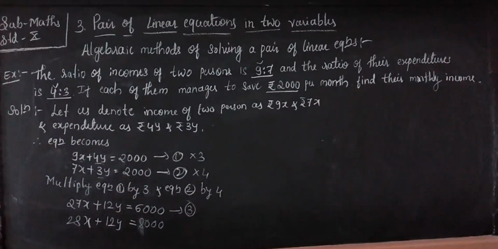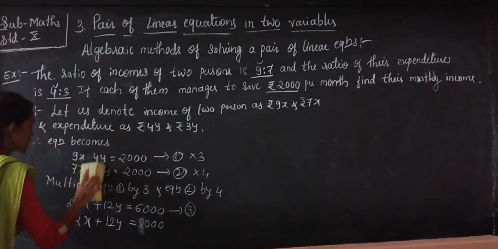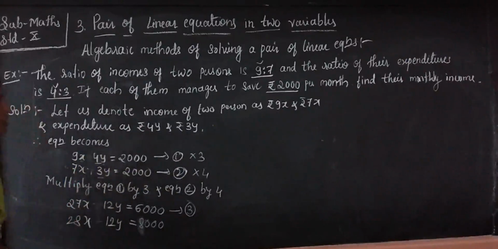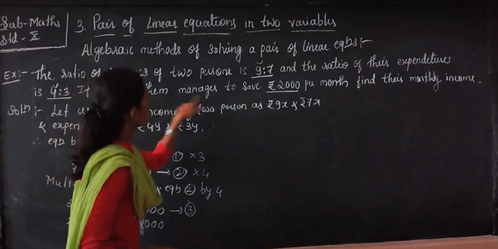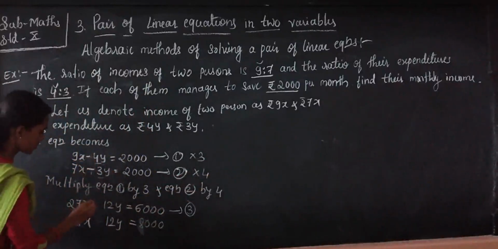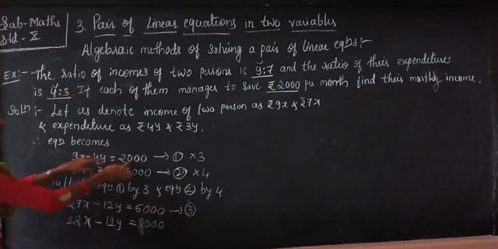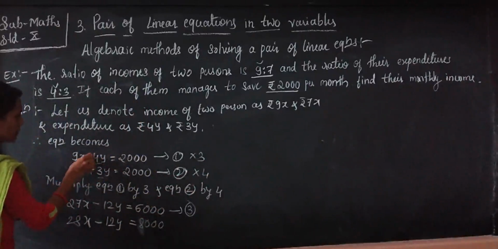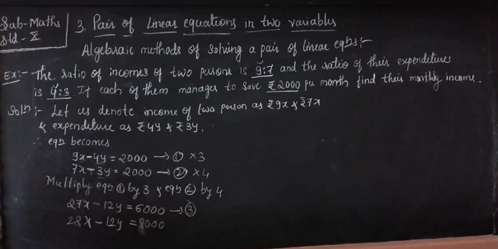Yes or no? Here we are saving, so it will become negative, because they managed to save 2000, meaning income minus expenditure remains 2000. Sorry, it will become a minus everywhere.